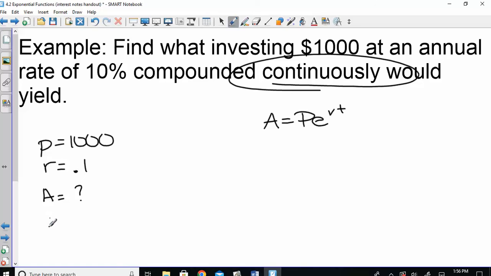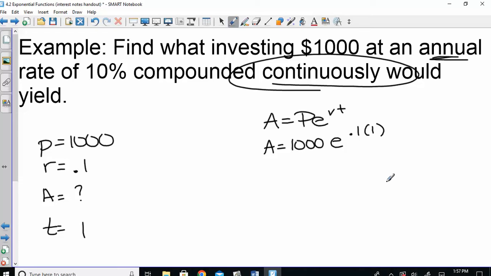What is my time? 1. I just said annual, so let's assume 1 year. So A is 1,000 times e to the 0.1 times 1 power. There's a couple different E buttons on your calculator.